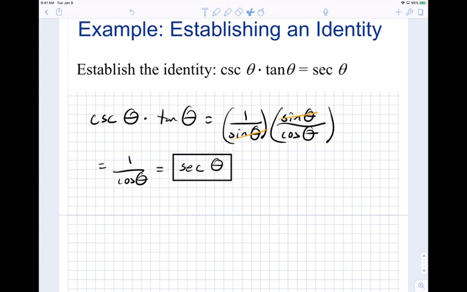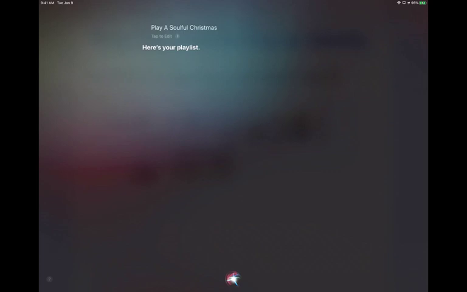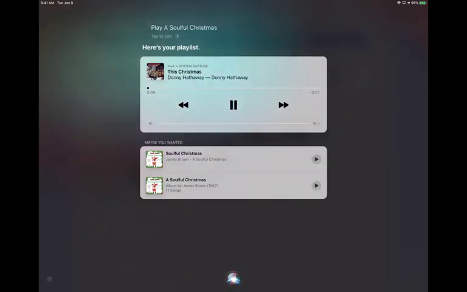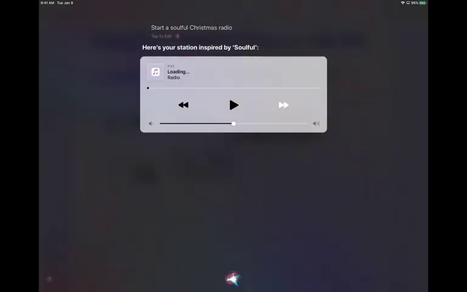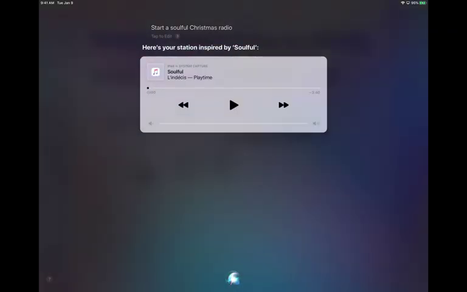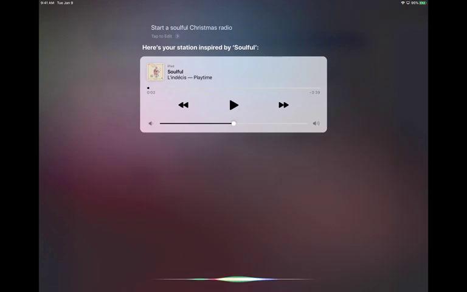So let me see. Play a Soulful Christmas. Oh, wait a minute. Is that my playlist? No. Let me try one more time. Hang on. Start a Soulful Christmas radio. What? Okay, let me try it one more time because I don't know what that is either. Start a R&B Christmas radio.